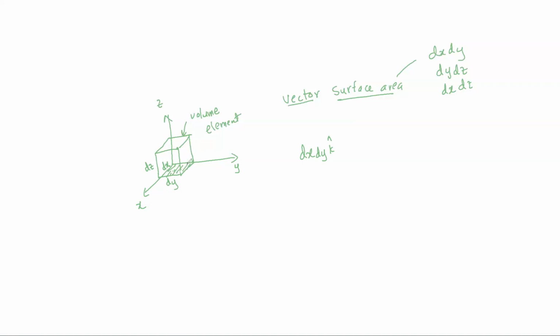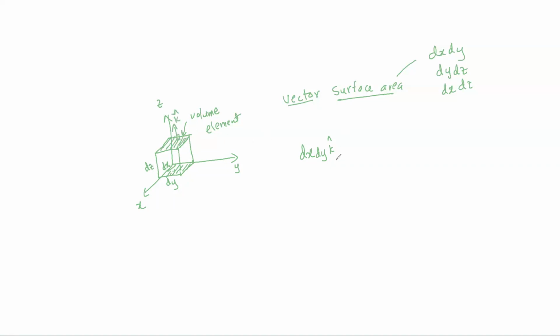Whatever the unit vector along the z axis we call k hat, and that is the vector which is in the perpendicular direction to the dx and dy components. So I can also draw this as the dx dy component, and the perpendicular vector is in the k hat direction.